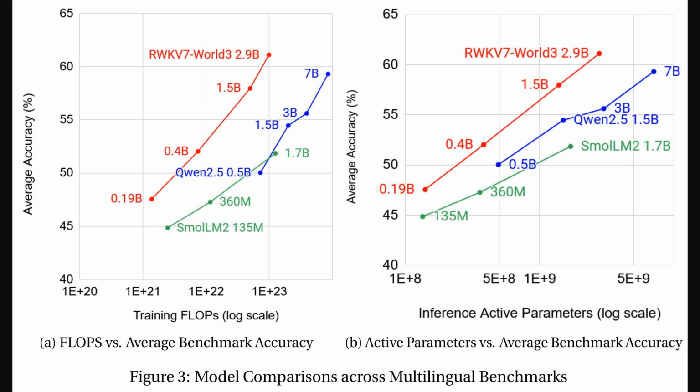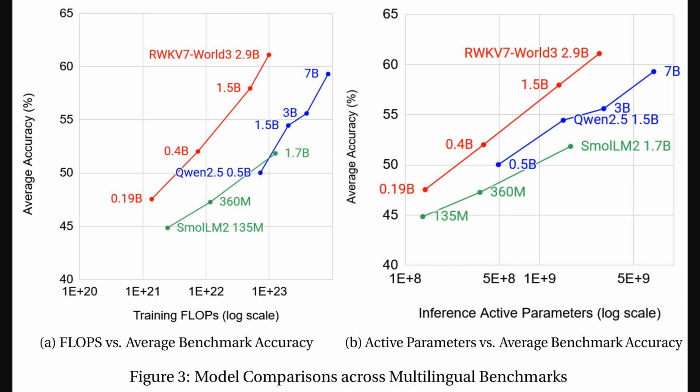Okay, so, after all that training on trillions of tokens, this is where we see the payoff. These charts compare the performance of RWKV-7 in red against other models on multilingual benchmarks. The chart on the left plots accuracy against training flops, which are basically a measure of the total computation used to train the model. You can see that for any given amount of compute, the RWKV-7 models achieve higher accuracy.